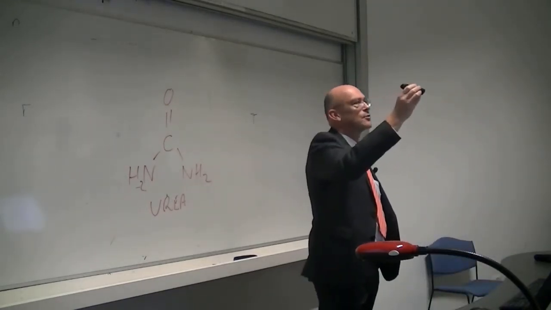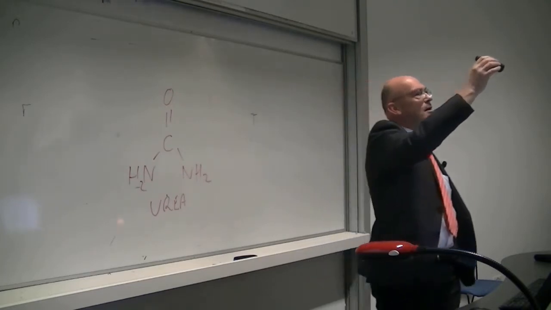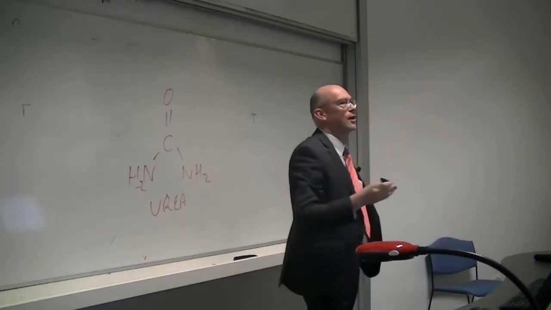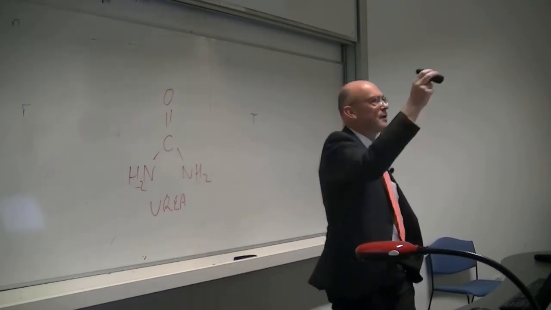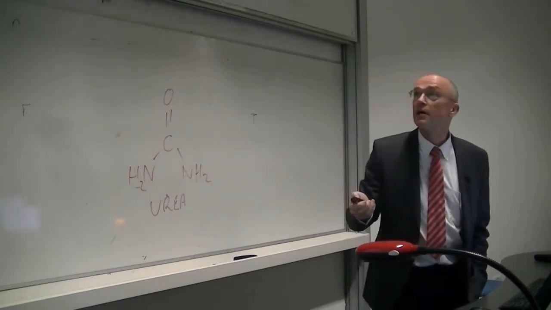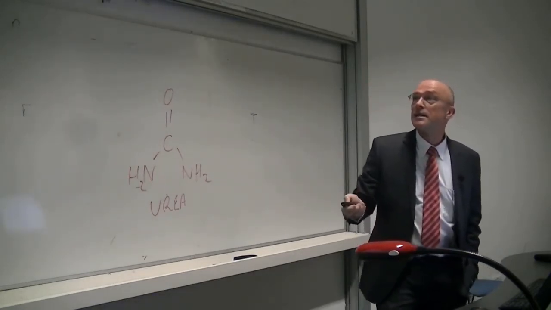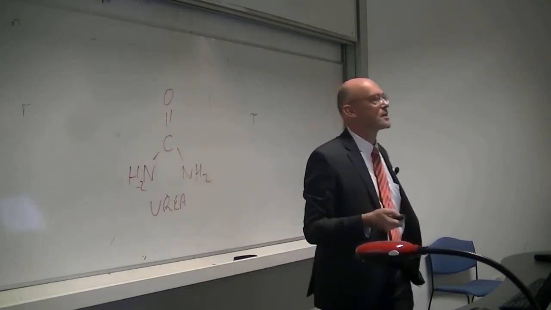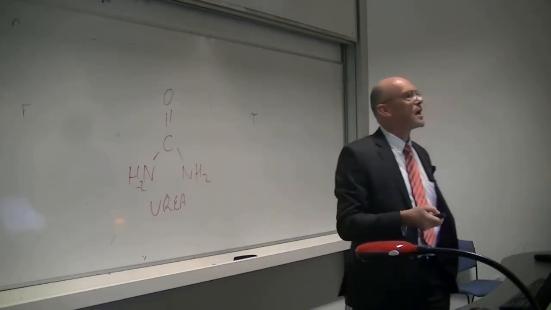Because to get from the start of the cycle back to the beginning, you've got to lose 2 molecules of carbon. So you put them in and you lose them. So any amino acid that produces acetyl-CoA is ketogenic. It is unable to participate in gluconeogenesis. In other words, you can't make glucose from breaking it down.